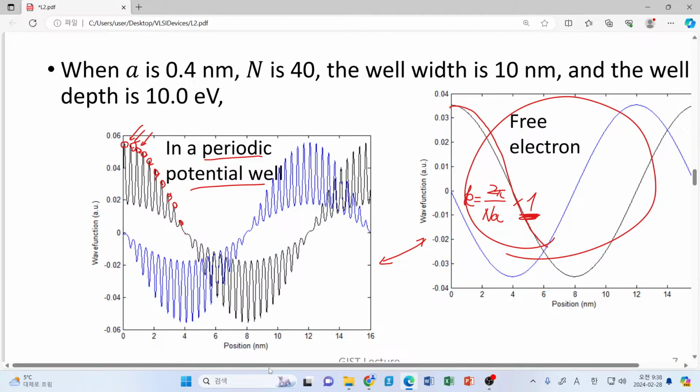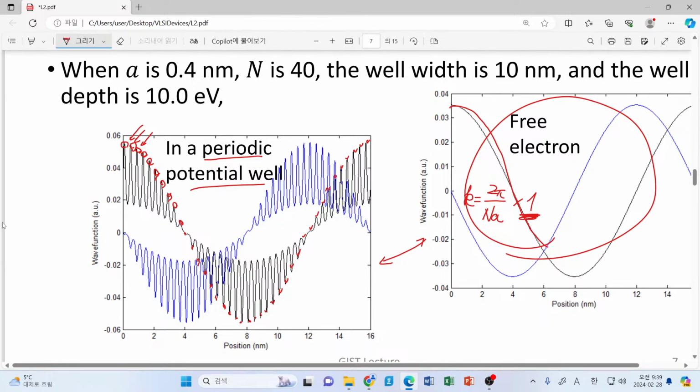Yeah, let's call it this one. 1, 2, 3, up to 10 again, and again, and finally 10 more. What is the total number of peaks in this graph? You can immediately understand by counting them all. This is corresponding to number 40.